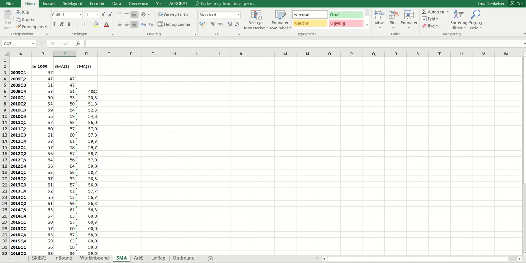So let's have a look at the residuals for moving average 1, SMA 1, and a residual for SMA 3. The residual is of course equal to what we see minus what we predict, and the same here.